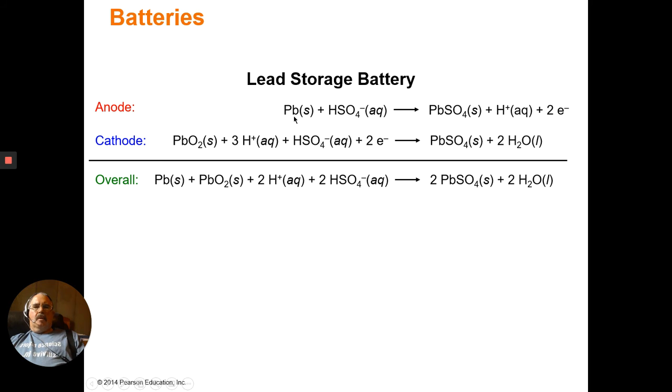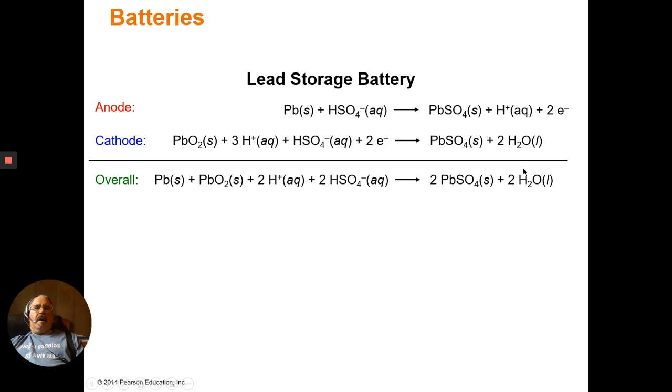Lead 0 or lead metal is getting oxidized to lead 2, which, because of the sulfate in solution, precipitates out as lead sulfate. Lead 4 oxide is reduced to lead 2. This is what's called a disproportionation, where the same element is oxidized and reduced.